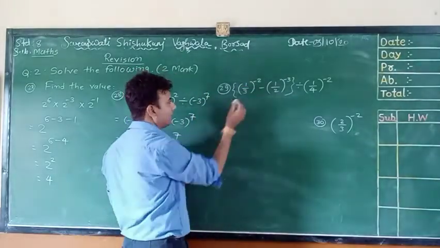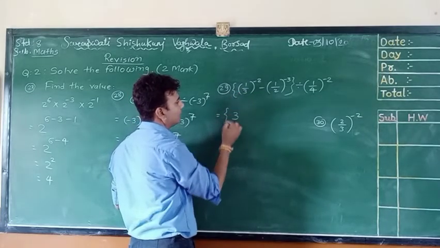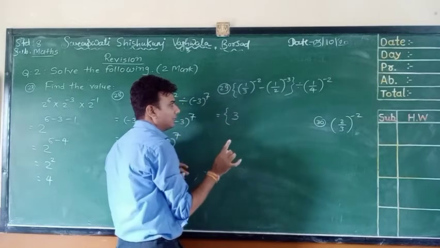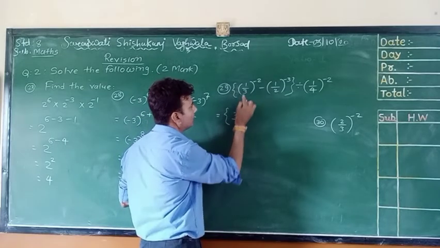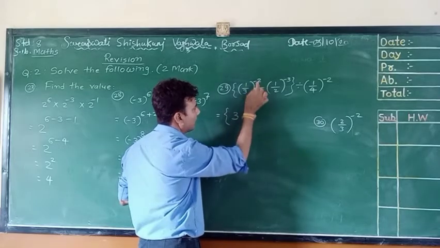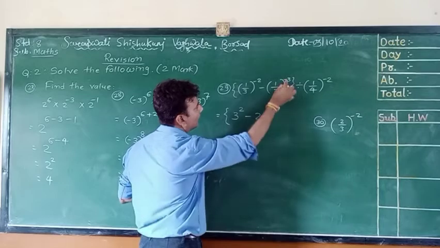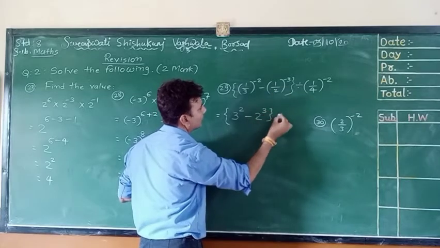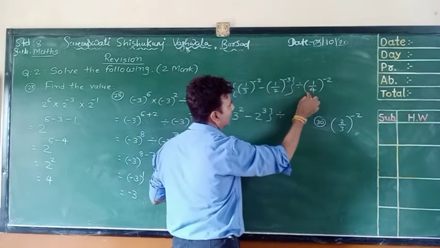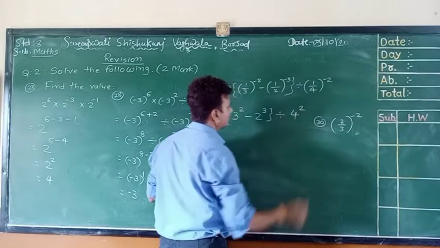So for 1 by 3 we can write 3 by 1, and 1 is always there for any number. So we write 3, and this power will become positive. Now 1 by 2, we can write 2, and this minus will become plus. Divided by 1 by 4, we can write 4 by 1 and this power will become positive.